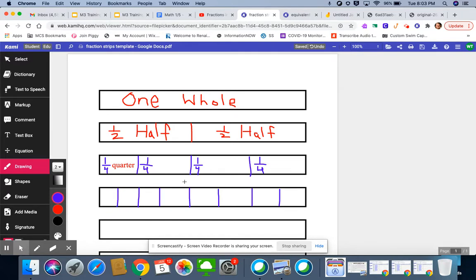And in the end, I have right here, so this would be 1/8. This would be 1/8, and so on. So pause the video now and continue. I want you to make sure you have the 4ths done and the 1/8 done.